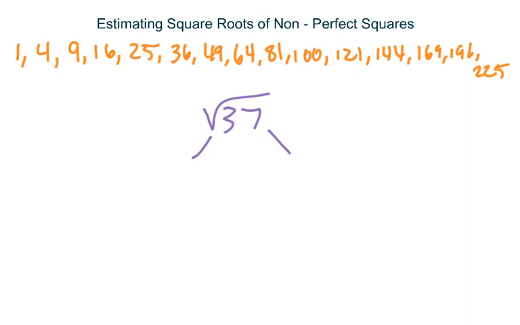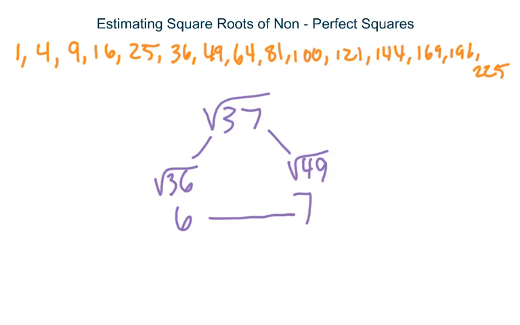The smallest perfect square that comes before 37 is 36, and the one right after is 49. The square root of 36 is 6, and the square root of 49 is 7. So the square root of 37 is somewhere between these two numbers, so it's going to be a decimal, okay?